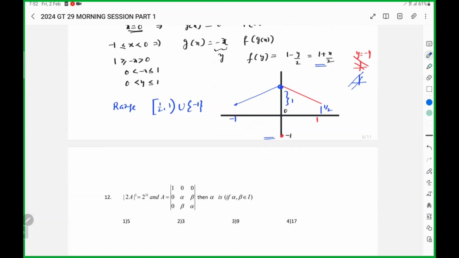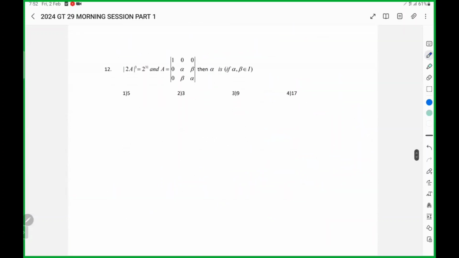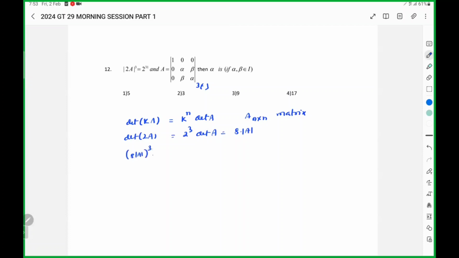Right? This will be the final range. Your 12th one: det of kA is k power n times det A, where k is a scalar and A is an n by n matrix. Here, det of 2A, because A is 3 by 3, is 2 cube times det A, which is 8 times det A. So 8 times det A, whole cube.